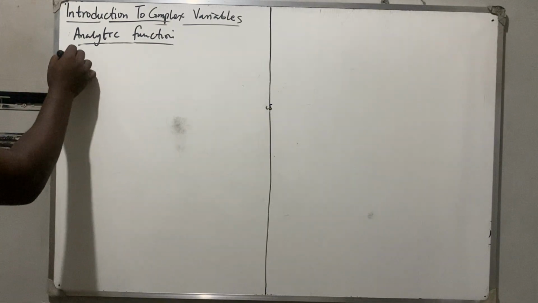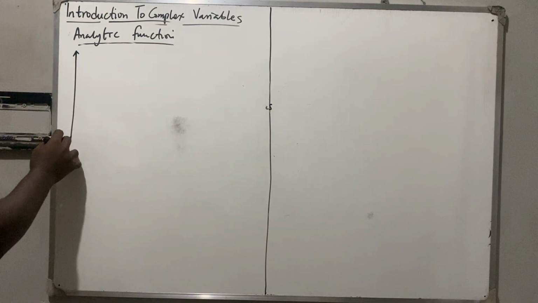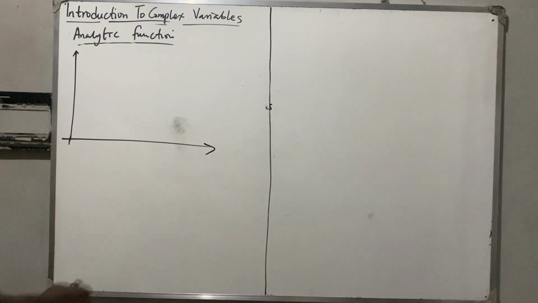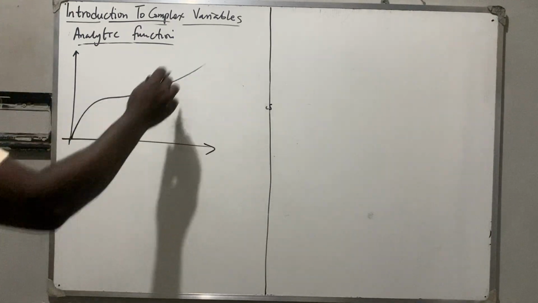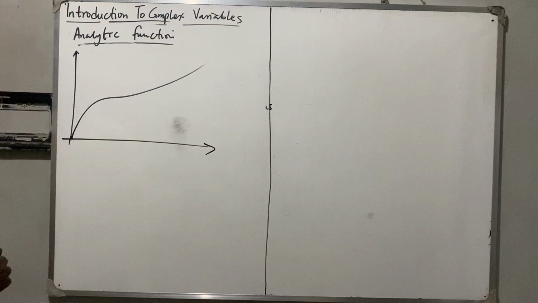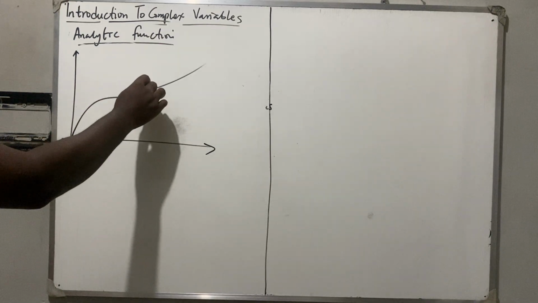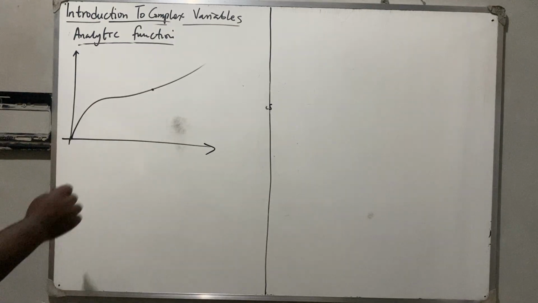So to illustrate this, let's have a function like this, for example, and then we are given a point. Let's say that this point is our z naught.